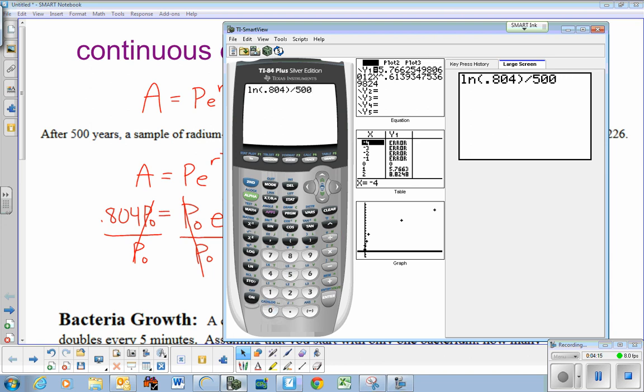So this kind of interest rate for this particular radioactive material is this. You see it's negative because it's decaying, and it's a very small number. So this is times 10 to the negative fourth. So I'm going to call this negative 0.000436.